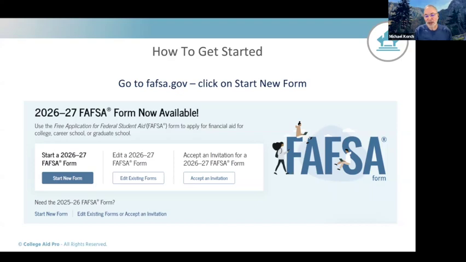If you have already started it and you saved it and you want to come back, there's the edit form. And then the third one is accept an invitation, which, that's not a party, it is a form. This kind of shows how nowadays the way they want the FAFSA to be done is the student is going to start this, because in the eyes of the Department of Education, this is the student's form. The student is going to use their login and password. They're going to do their part of the form first. Midway through, they have an option to add or invite: do you have a parent that's going to contribute?